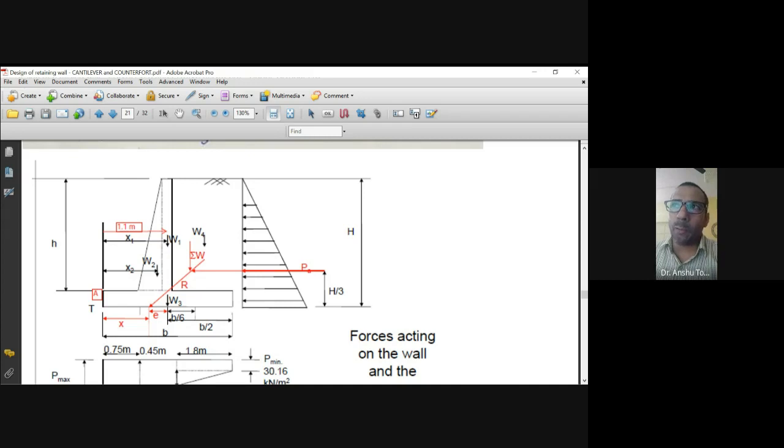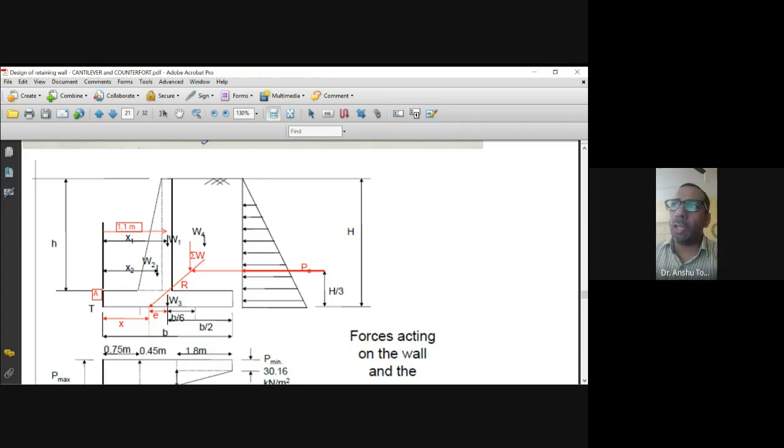Then what is going to be? This is half base into height, half base into height into the unit weight into length 1 meter. In both cases 1 meter length will come, perpendicular to the direction of the screen.